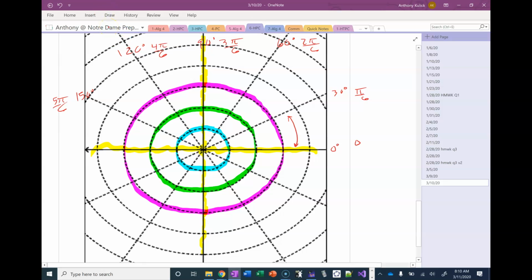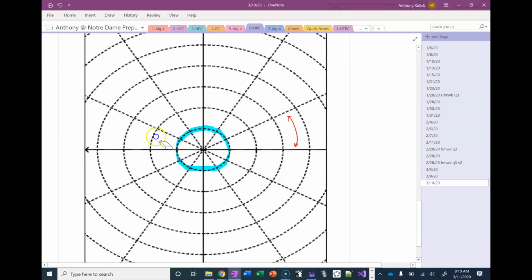So I'm going to erase all this stuff here, and we're going to practice plotting some points now that we understand how to read this thing. So the first point we're going to plot is (3, 120 degrees). The way that I like to do this is I first locate my 120 degree angle.